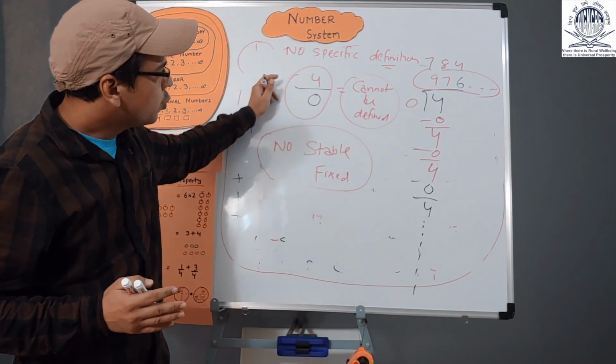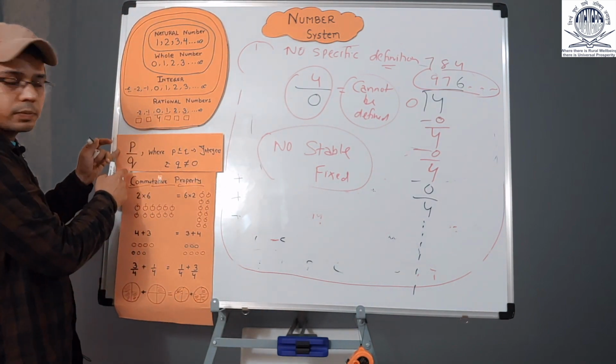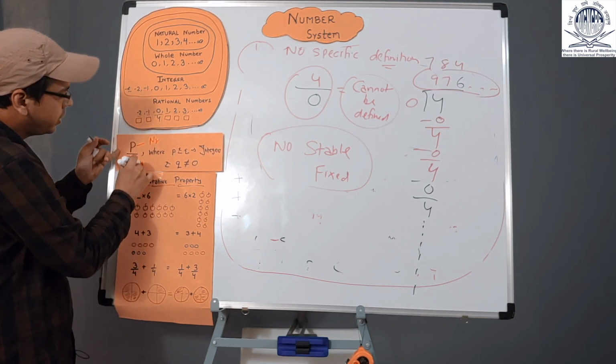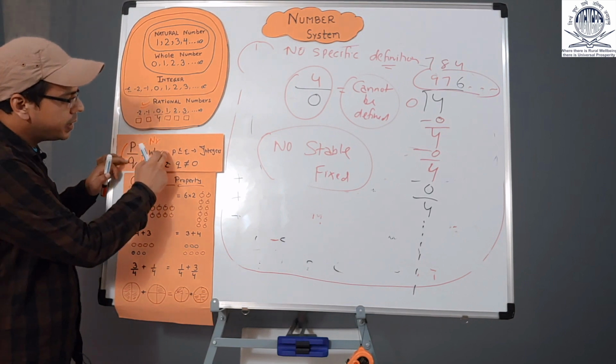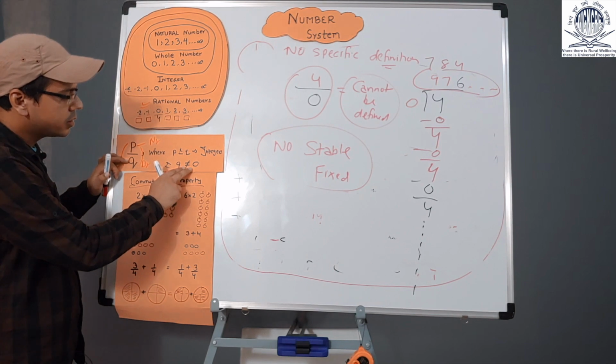So now we have come to a very important conclusion: P by Q, that is P being my numerator and Q being my denominator. So this P by Q, where P and Q are integers, but Q is not equal to 0.